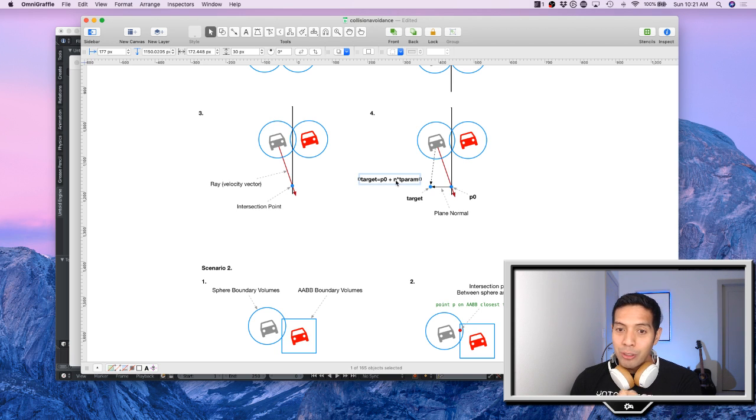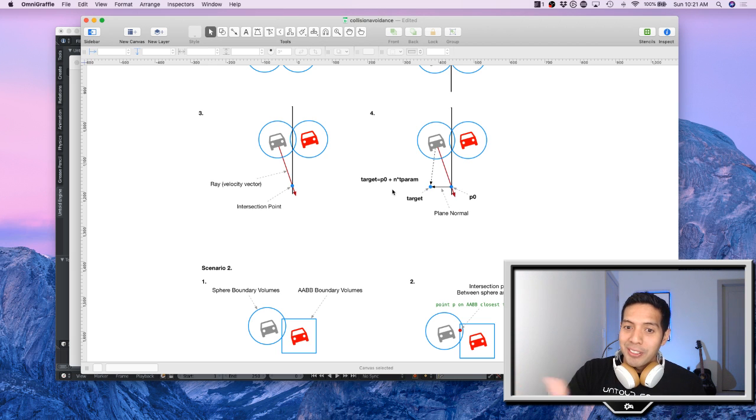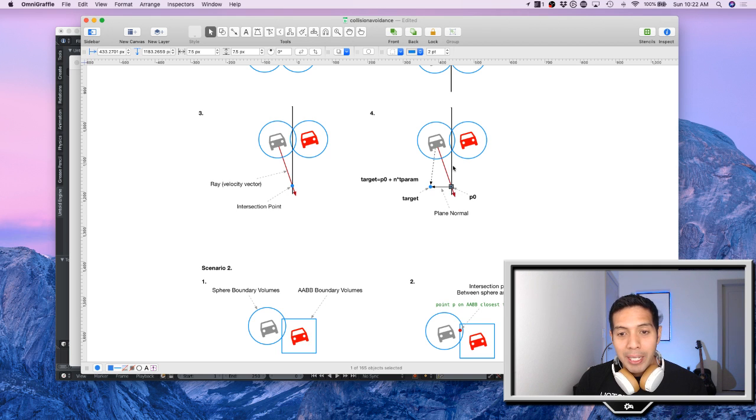Then you have a direction, which is your plane normal, and your direction times a parameter basically gives you a predicted position, right? Which is my new target. So I tell my character, hey, do not steer towards the previous position that you had in mind. Steer towards the new target position. All right, and I determine that target position using my intersection point between the ray and the plane, using the normal vector of my plane, and thus creating this new position.